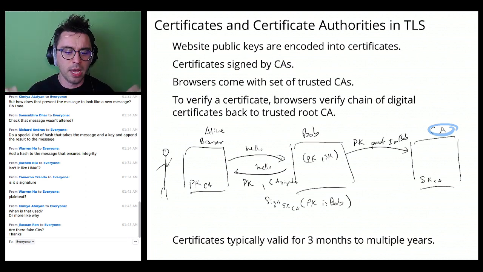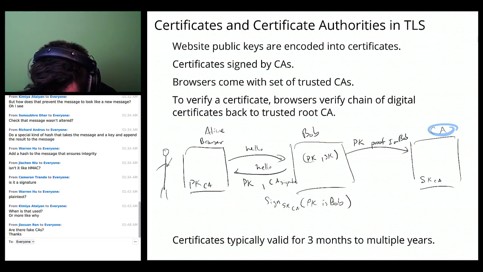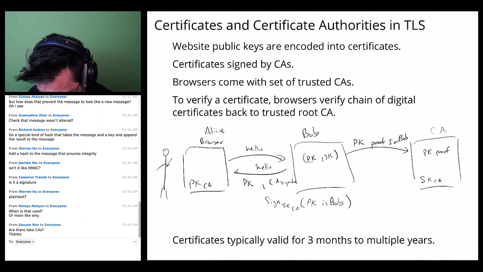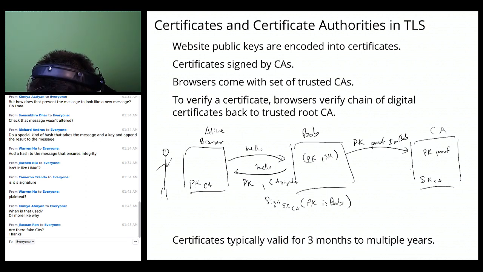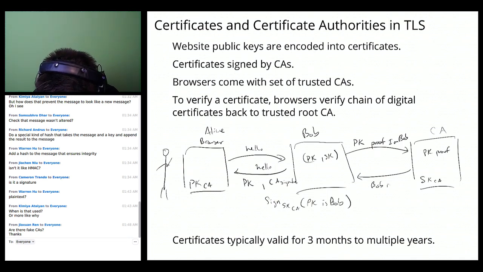Or in other words, I own NSA.gov, right? And then internally, what the CA does is it takes this PK and the proof, and if it can actually verify that Bob owns NSA.gov, it then produces a certificate that is basically saying Bob is, or PK is Bob. Let me be consistent here.